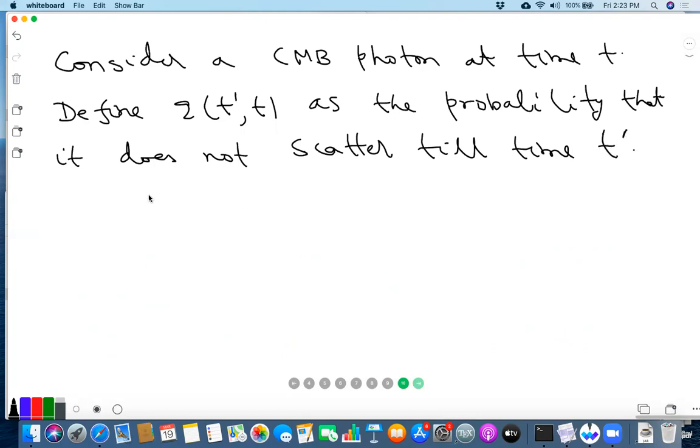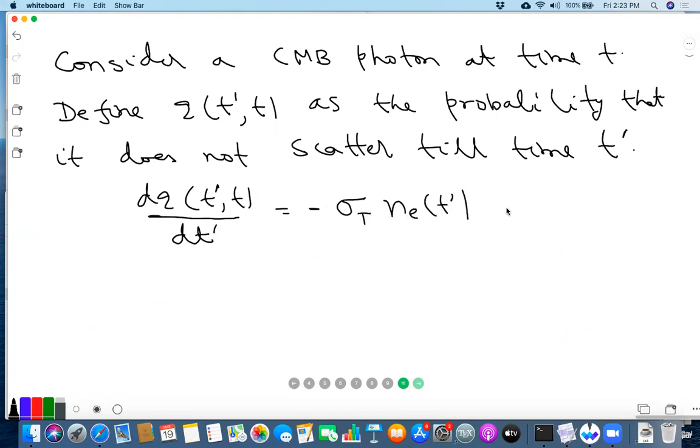Then we can easily write down a differential equation for q. This is similar to what we did yesterday. dq/dt' will be minus sigma times n(t') times q(t', t).